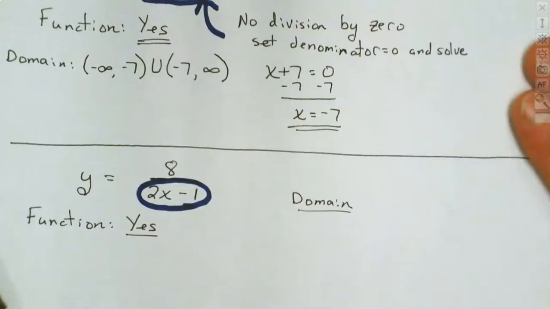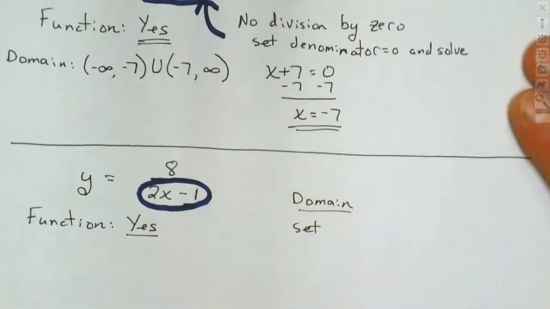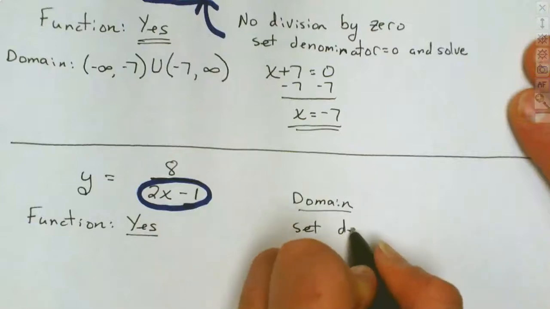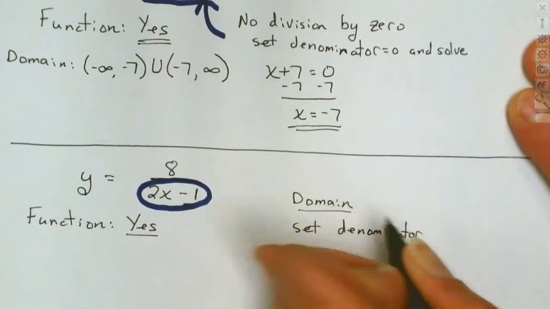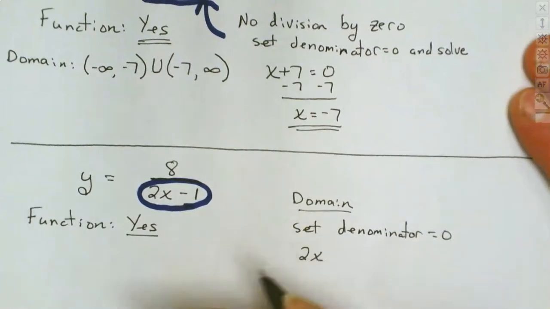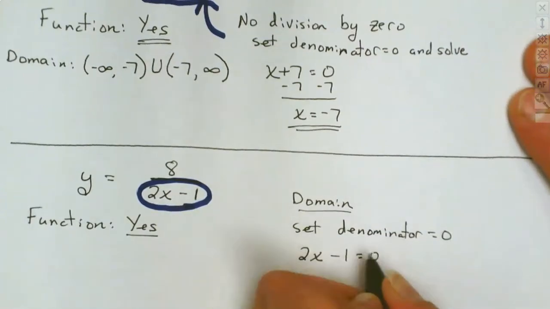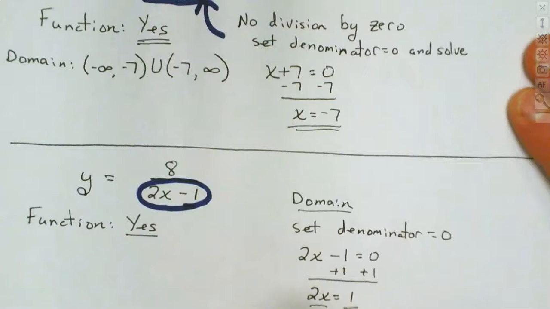So for that domain, we're going to set the denominator to 0. And that would be then 2x minus 1 equals 0. Add your 1. Nothing new here. So 2x equals 1. Divide by 2. And so x equals a half.